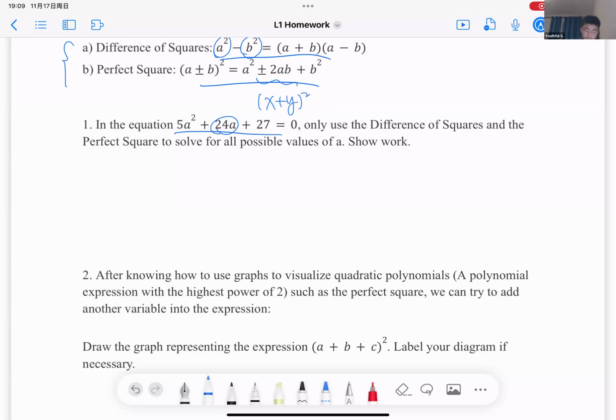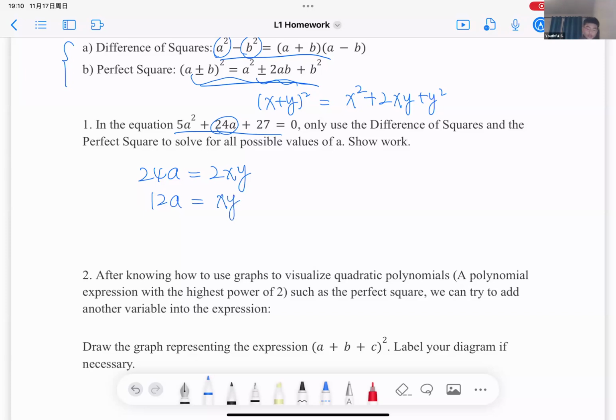So what is (x plus y) squared? It's basically x squared plus 2xy plus y squared, according to this equation here. So we can see 24a equals 2xy. Or we can convert it into 12a equals xy if we want.